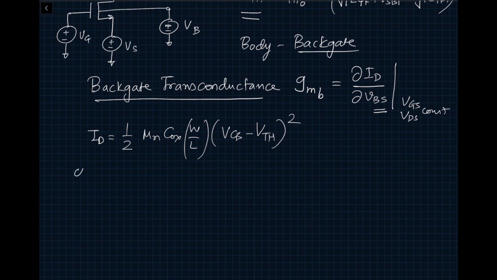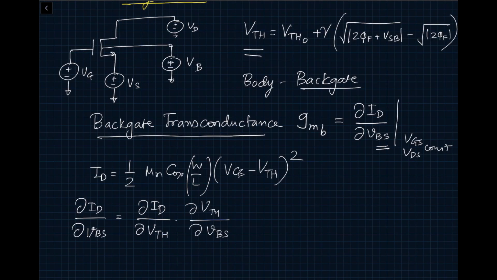And then we can calculate del ID by del VBS is equal to del ID by del VTH, chain rule, times del VTH by del VBS. The key thing here is VTH is a function of source to bulk voltage, and we have to make sure that we take into account the polarities. So the first thing is del ID by del VTH.